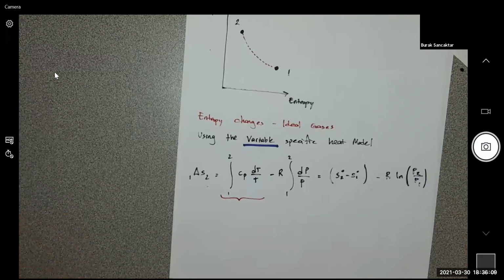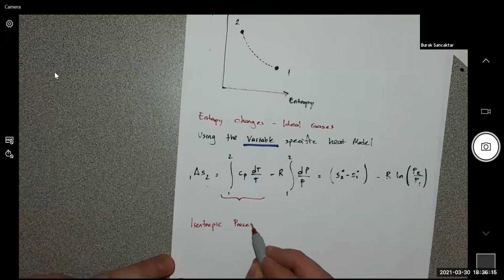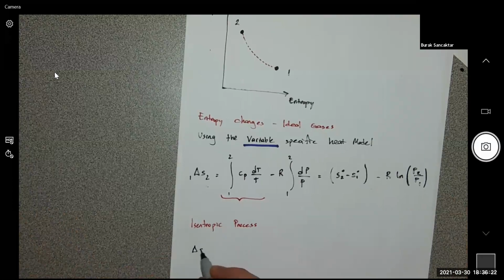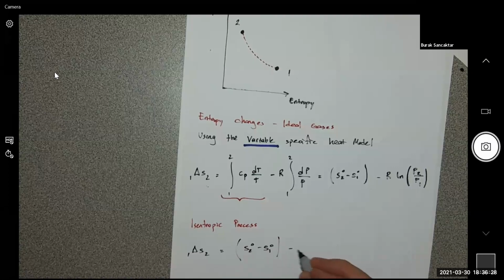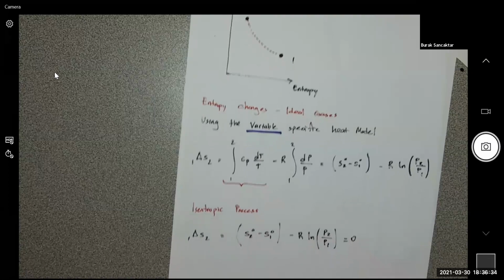Isentropic process. For an isentropic process, delta S from state 1 to state 2 equals S2 0 minus S1 0 minus R natural log of P2 over P1, and for an isentropic process it's 0.